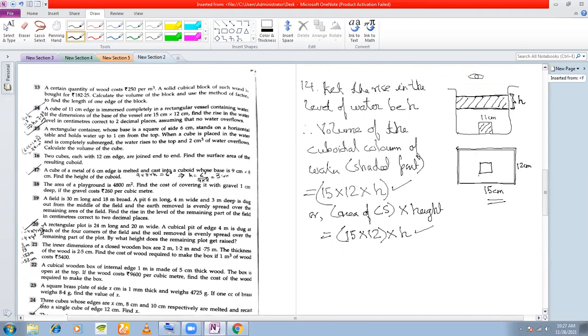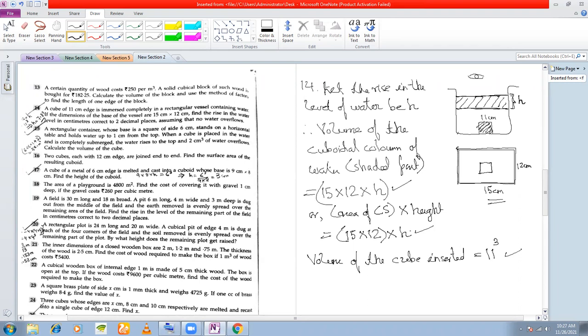Now, because I am inserting this cube inside this container, the volume of this cube must be equal to the volume of the rectangular column of water, right? Volume of the cube inserted is equal to 11 cube, because each side of this cube is 11 centimeters.